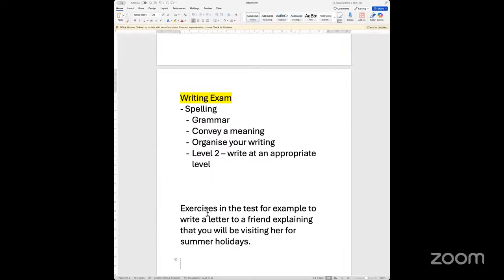I can write this letter in a way wherein I can make sentences. And obviously, each of these activities that you are required to do will have a word limit. Because it's a writing exam, it'll have a word limit. It'll say write minimum 200 words. If you don't write 200 words, you'll probably not get the marks and you'll be failing in that particular activity.